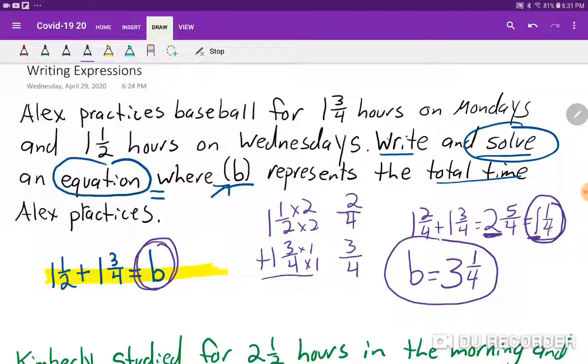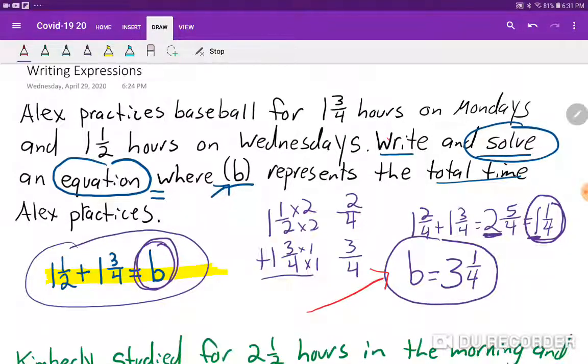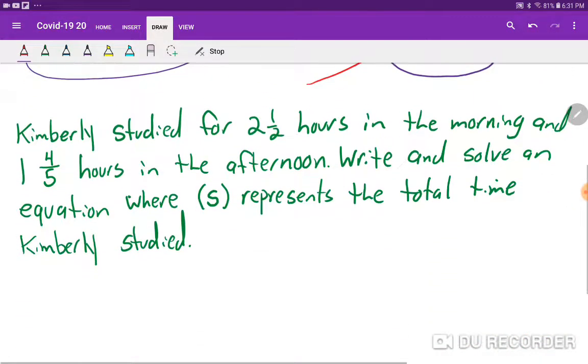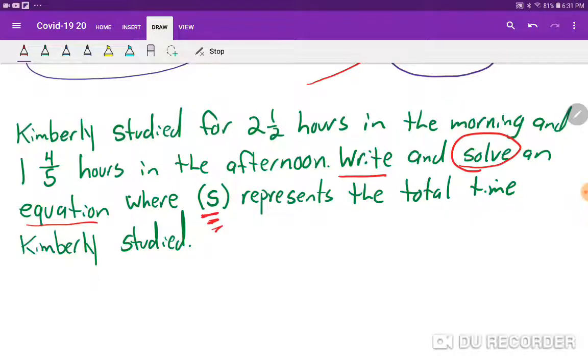So look what we did one more time. First we wrote the equation. Then we solved the equation, and whatever the letter was represented. Okay, so let's do another one. One more quickly. Kimberly studied for 2.5 hours in the morning and 1 4/5 hours in the afternoon. Write and solve. So we have to first write the equation, an equation where S this time instead of B represents the total time.